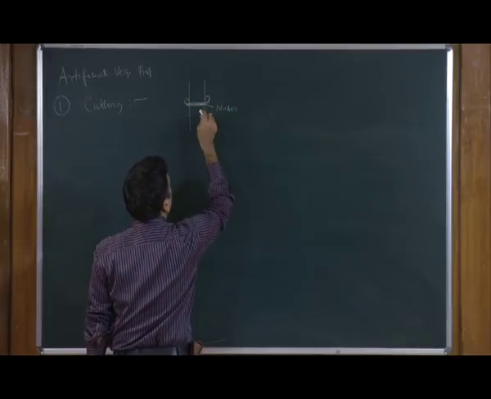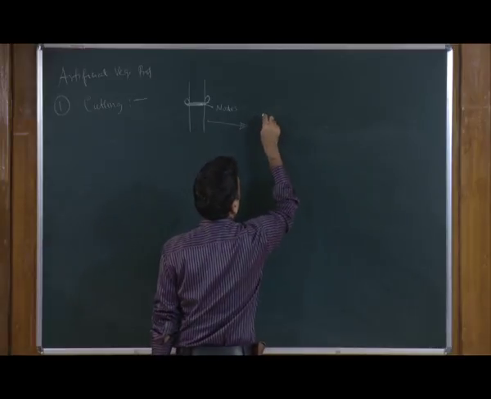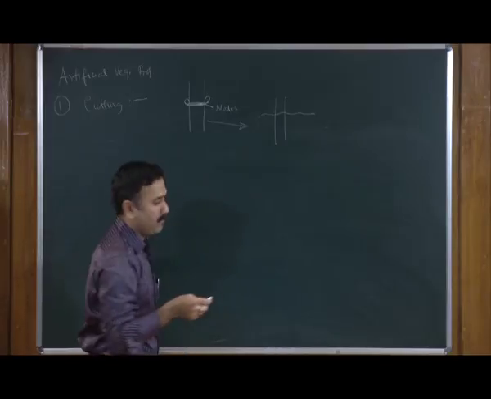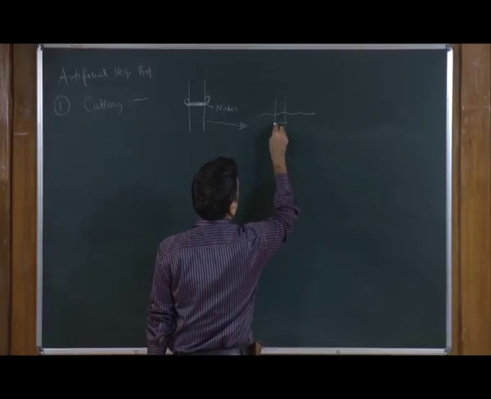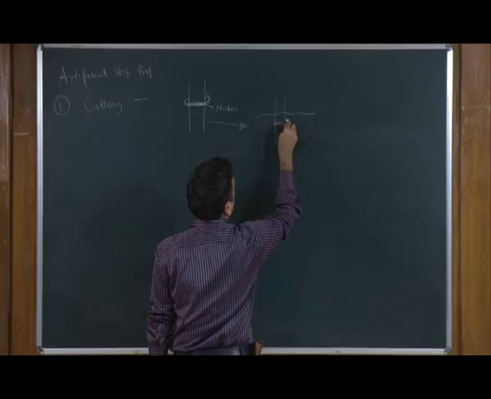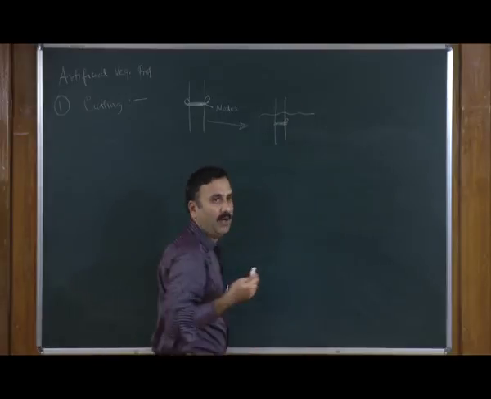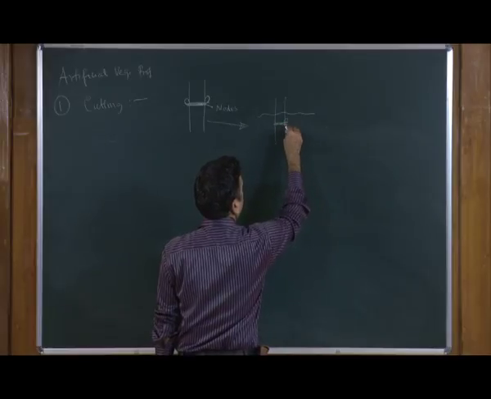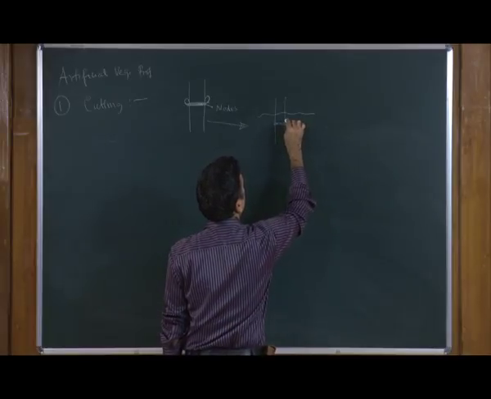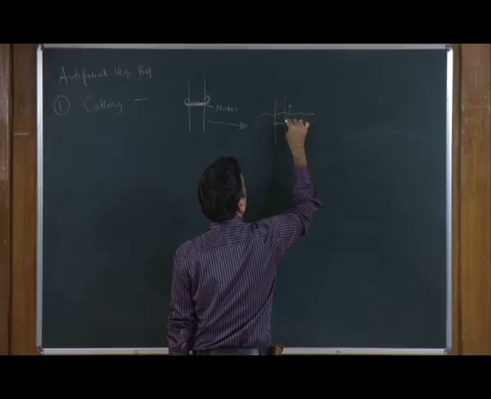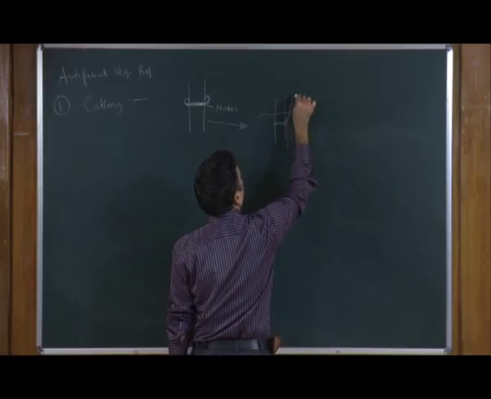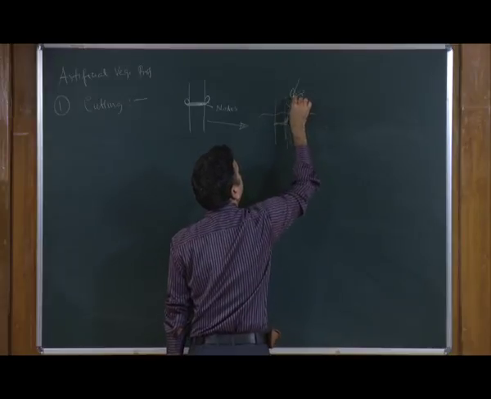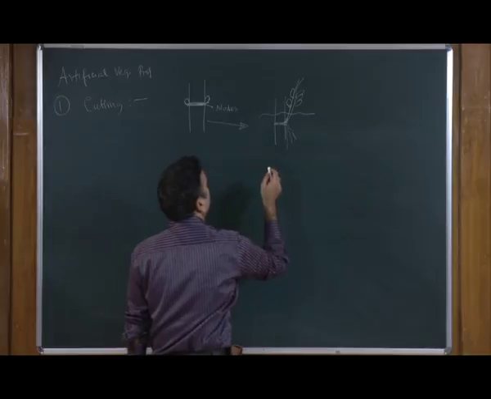Once you take this stem and put it into the soil, this node part which contains the axillary bud is below the soil, and then it starts developing roots on one side, and the shoot starts coming.